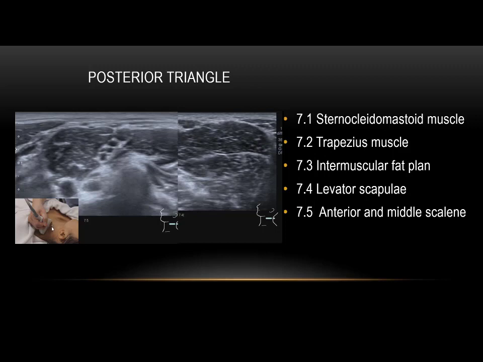So we just estimate. If it is wider, you're supposed to look at the 5B level. And if you move up and the edges and boundaries are close together, it's supposed to be 5A level of the lymph node. But in general ultrasound, we don't separate much. I just put level 5.